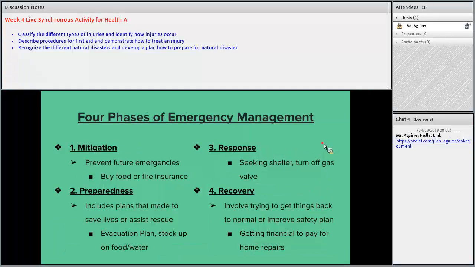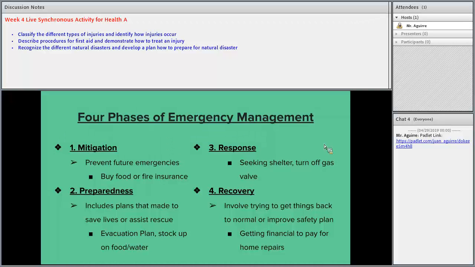So here, we're gonna talk about the 4 phases of emergency management. You're gonna need this possibly in your quizzes. So first thing we have is mitigation. Now mitigation is the phase that includes preventing future emergencies, and it reduces the chances of emergencies, helps prevent issues with insurance, and it reduces the damage too.